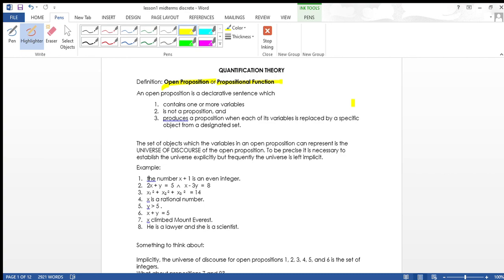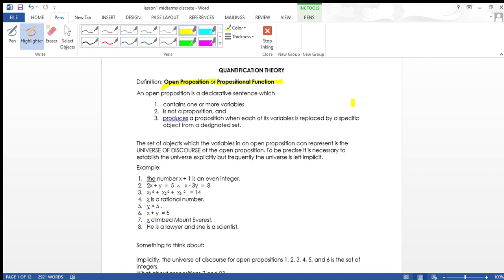An open proposition has no truth value yet until we have a specific value for the variable present in the proposition.